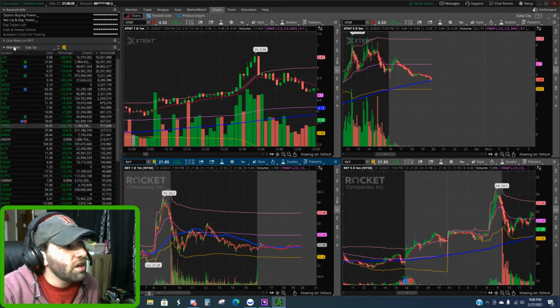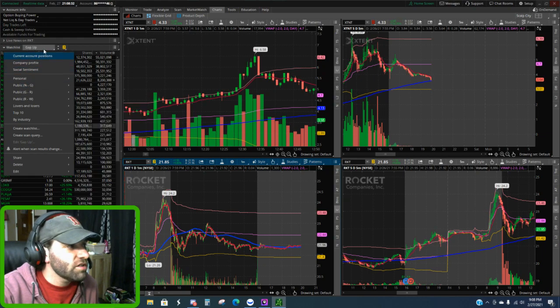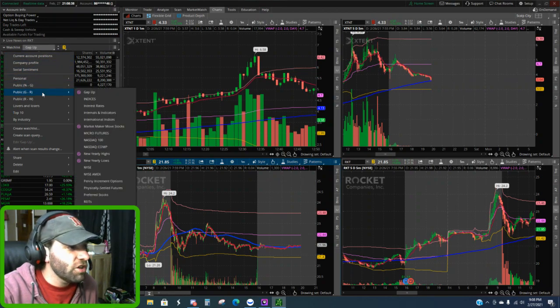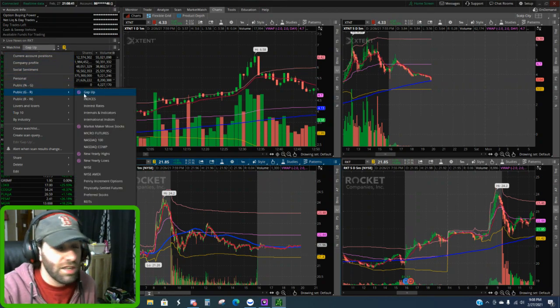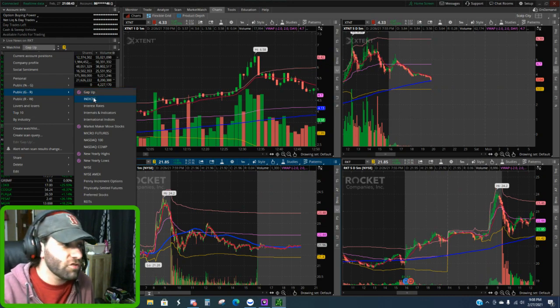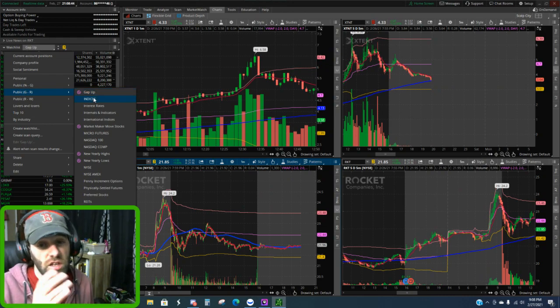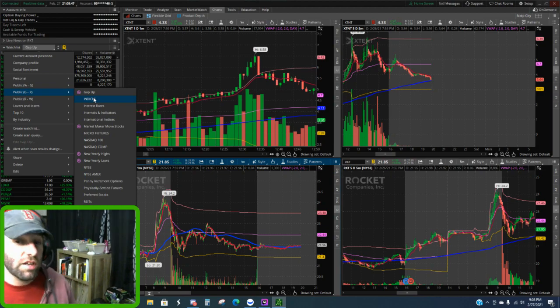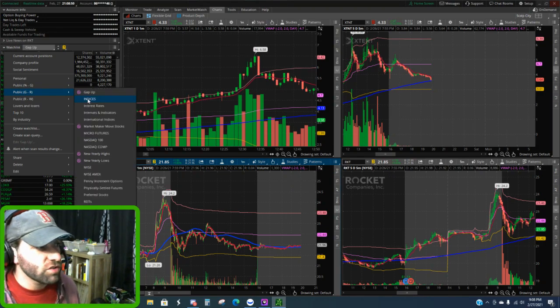But for easy default, go to your watch lists, go to this tab right here, go right down to public GNR. This is a preset default scanner in Thinkorswim, one of the best. Love it for pre-market.